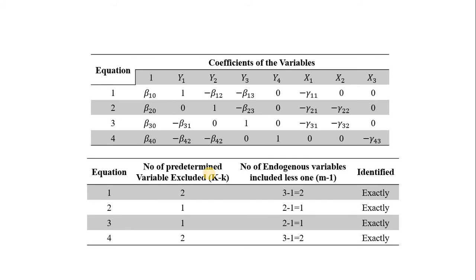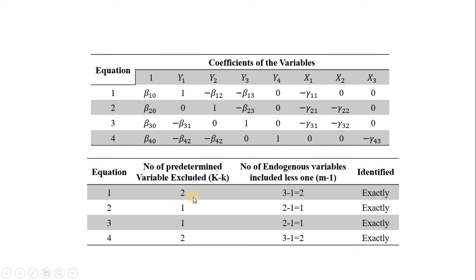So how many predetermined variables are excluded? Look at this equation. Where is the 0? Yes, x2 is 0, and this is also 0. There are two exogenous variables excluded from this equation. This is also excluded, but this is not exogenous, it is endogenous. Y4 is endogenous. So 2.